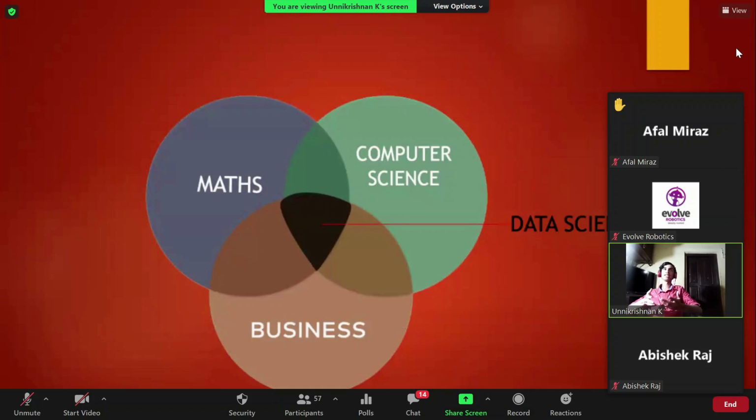And obviously, there is machine learning and artificial intelligence and all that come under data science. So obviously, we need computer science. And when we talk about business in data science, there is marketing to do, there is sales analysis, there is revenue analysis and all. So we can say that data science is the portion that is common to maths, computer science, and business. Hope you are able to catch it, right?